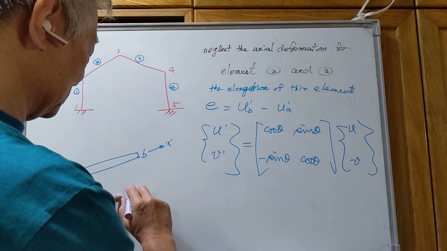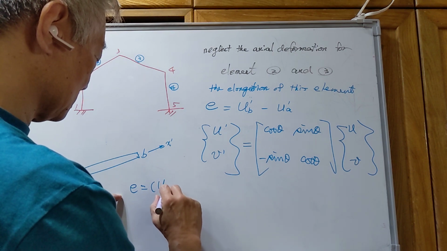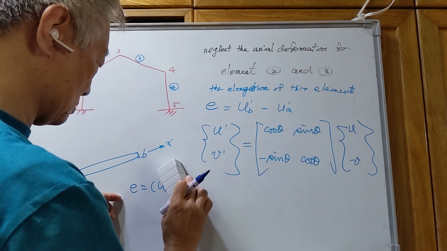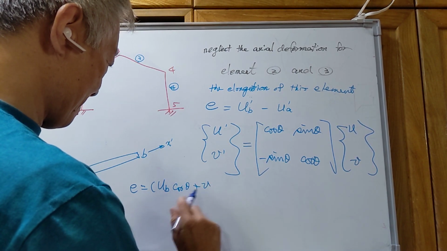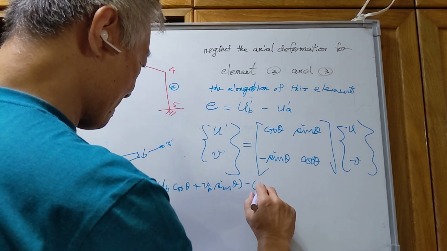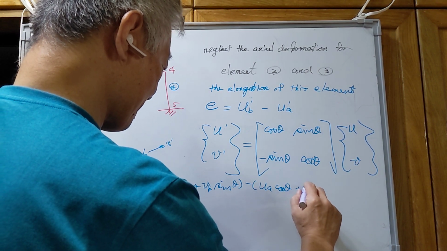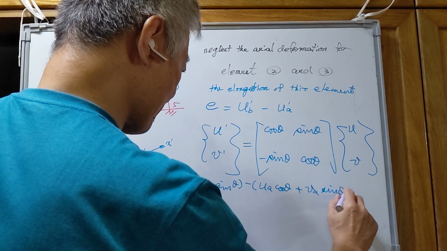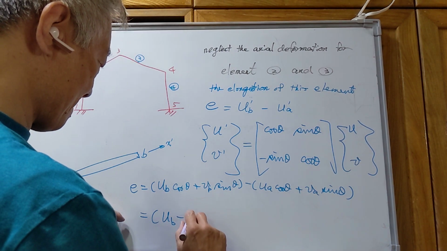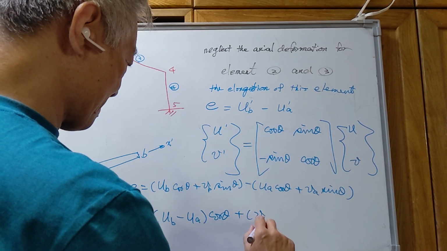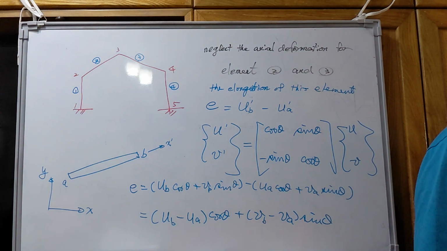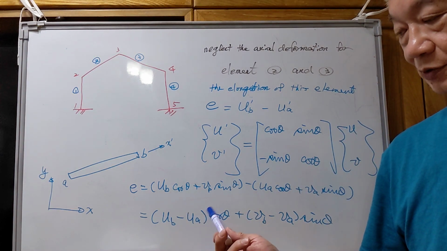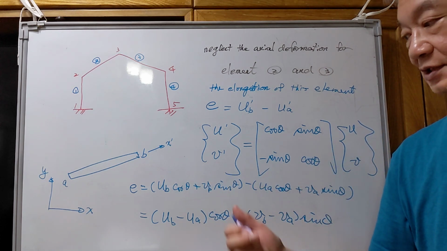So we can get the elongation. If we use the nodal displacements, the vector components in the global coordinate system, then we can also calculate the elongation of this element.